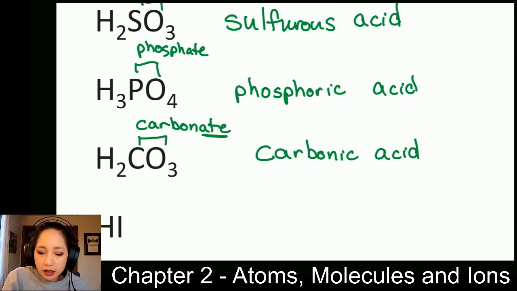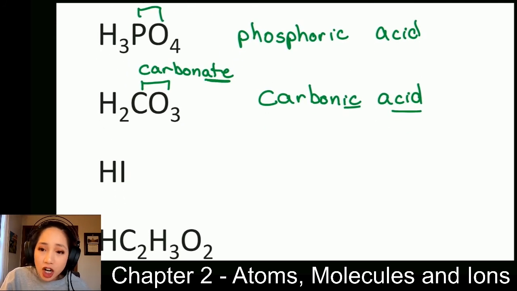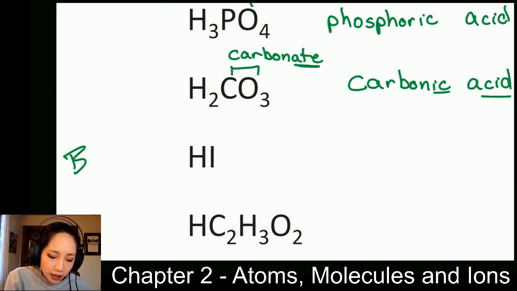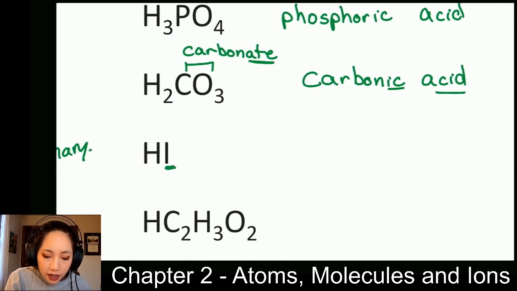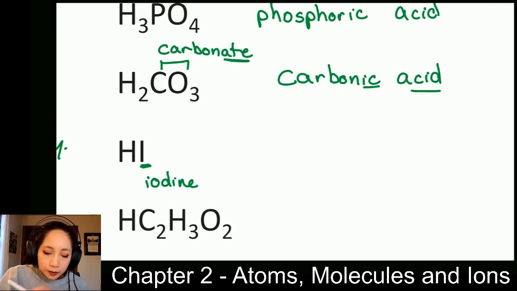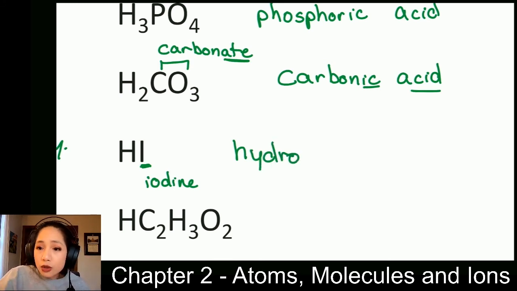Carbonic acid. All right, HI. So this is a binary acid. So we need to use the hydro prefix. So if we identify the nonmetal that the hydrogen or the proton is attached to, this is iodine. So the rules there for binary acids is we always start with hydro, then you do the nonmetal base name.